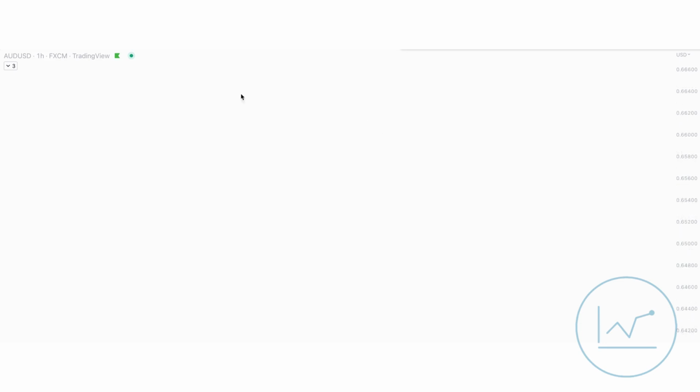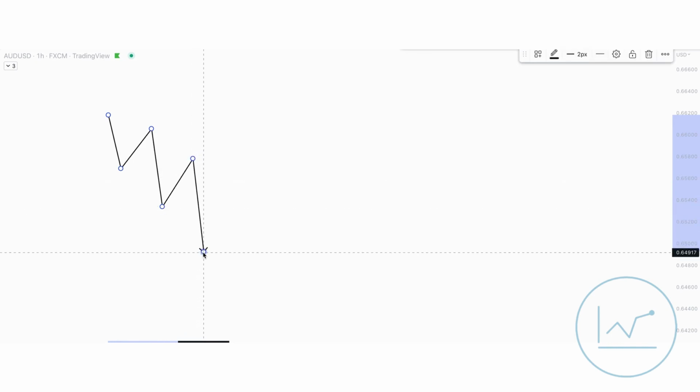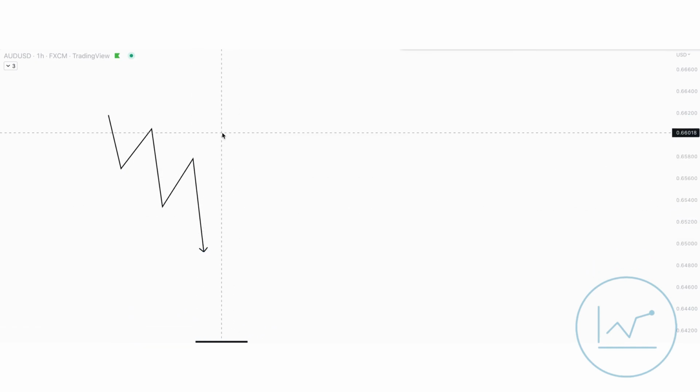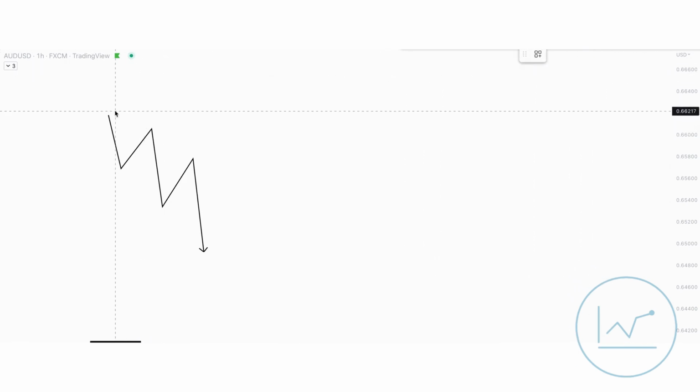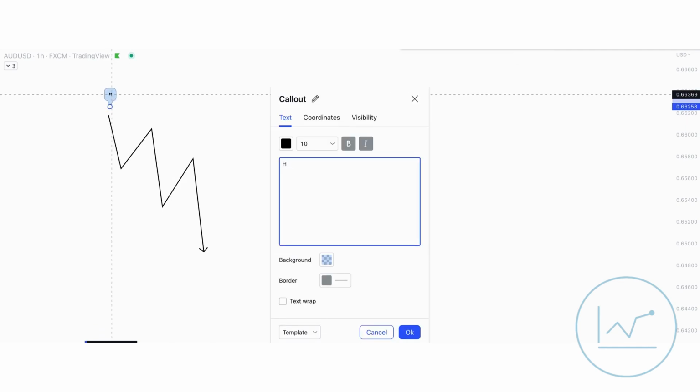So in pro trend, the price goes like this. So when it is in the bearish zone, the market provides lower lows and lower highs.